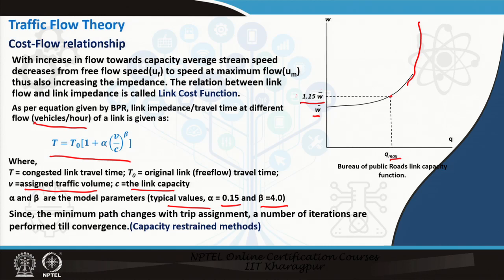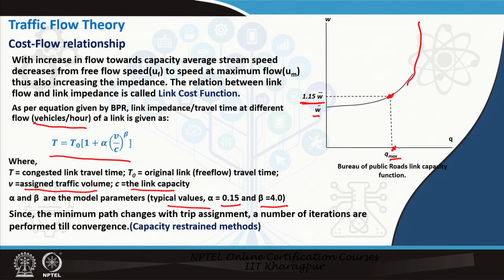That means when the volume has reached capacity, we are reaching 1.15 W. That is how we are arriving at this, and we can see at this point this is the travel time at maximum flow. So maximum flow is basically the maximum when capacity is achieved.